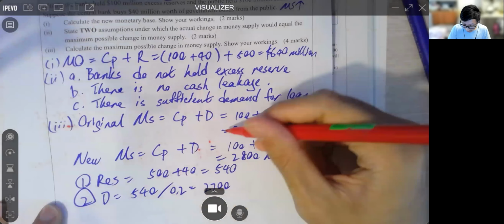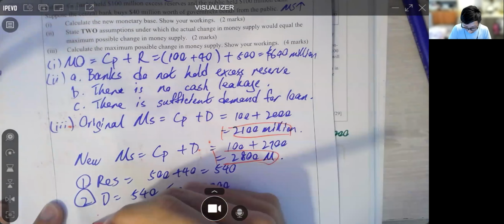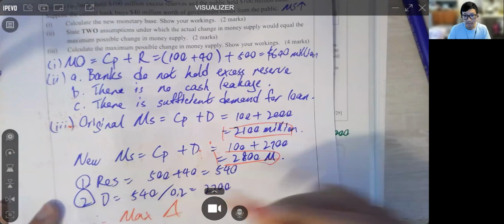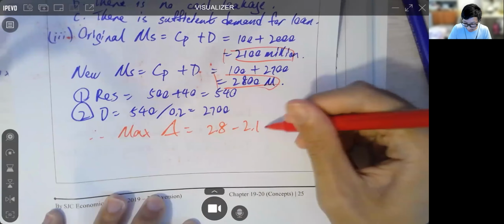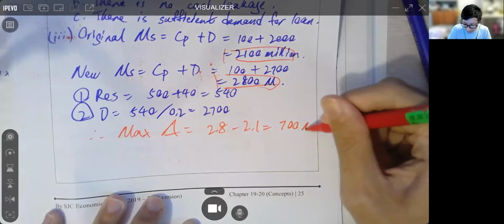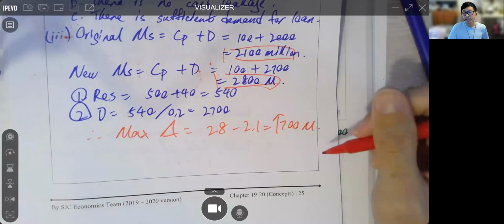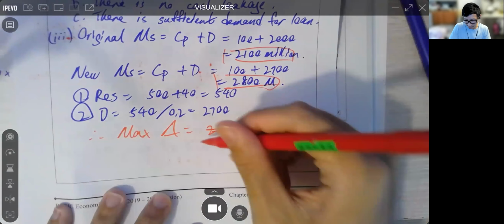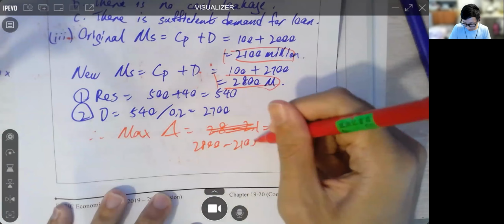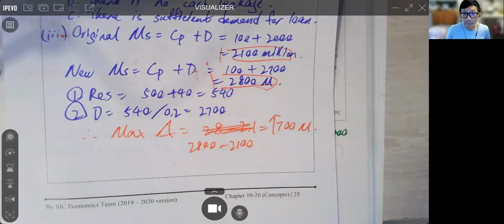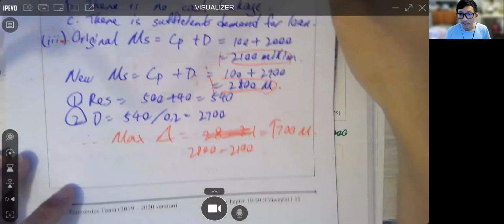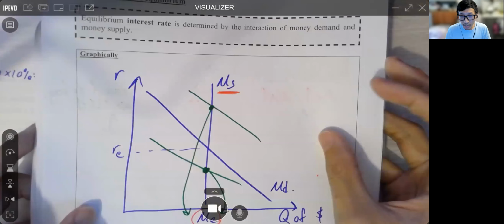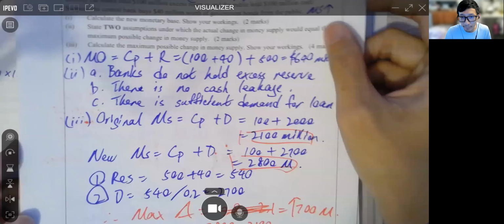Therefore, the max change would be 2.8 minus 2.1, which equals 700 million increase. Don't take 2.1 wrongly. There's an increase of 700 million in money supply. And that would clear all our past paper available in this note.